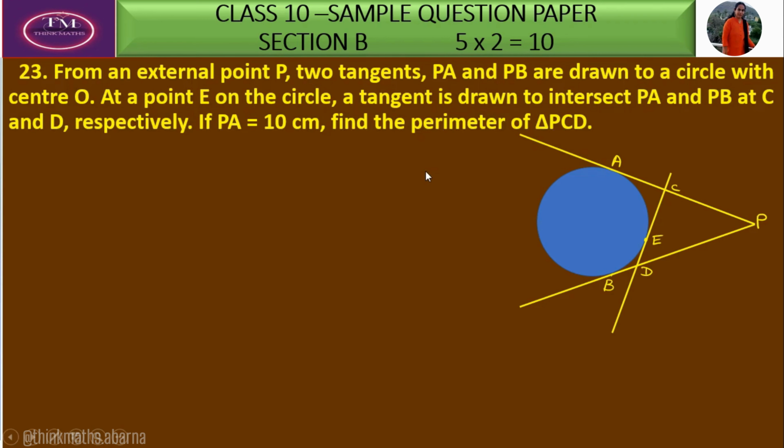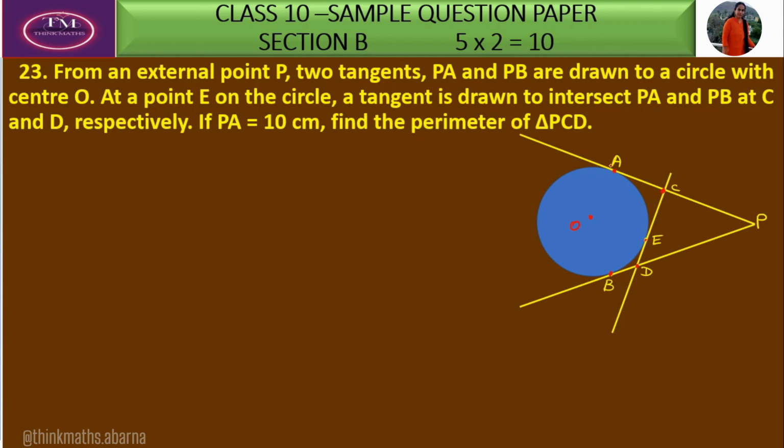So this is very simple. So what is given? From an external point P, two tangents PA and PB are drawn to a circle with center O. So O is the center of the circle. At a point E on the circle, a tangent is drawn to intersect PA at C and PB at D. Okay.